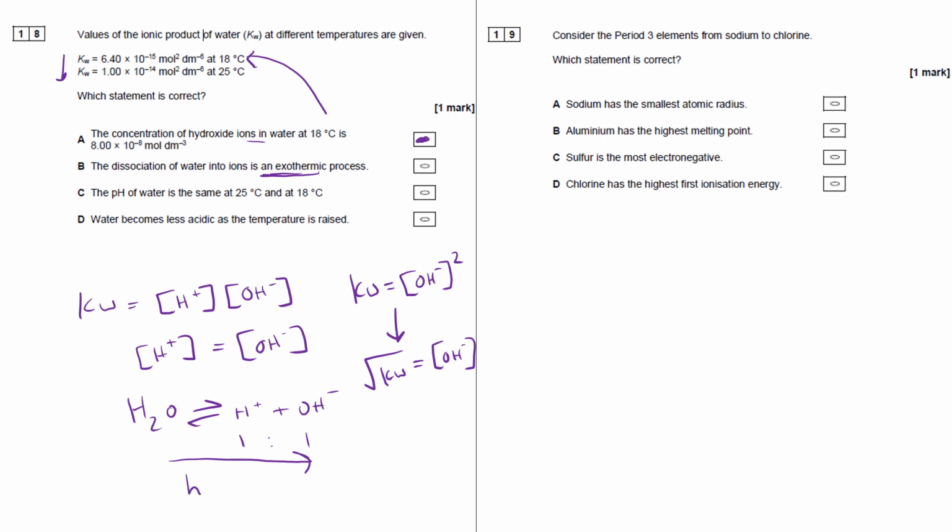So at a higher temperature, we can see that Kw has increased, which means equilibrium has shifted right. If equilibrium shifted right at a higher temperature, that means the forward reaction must be endothermic, not exothermic.